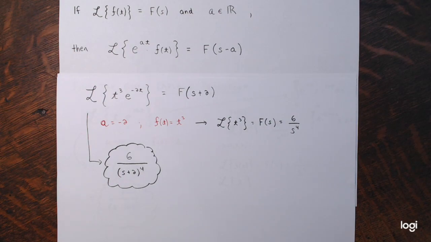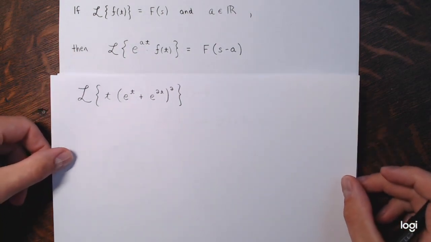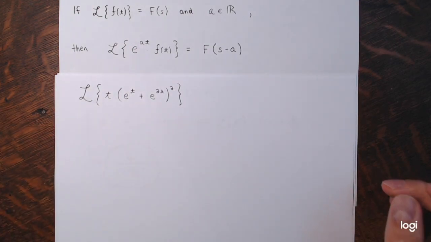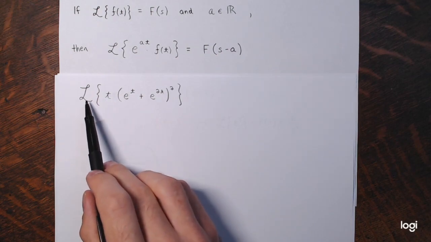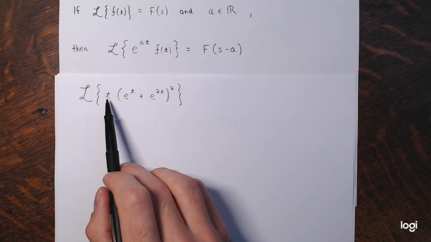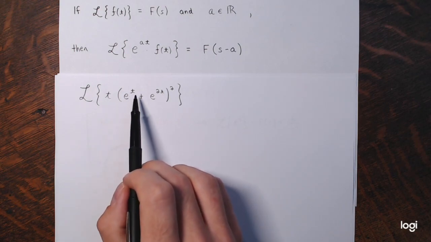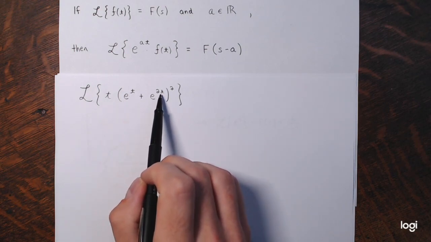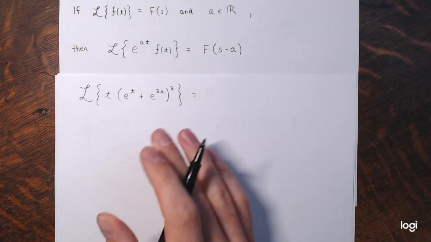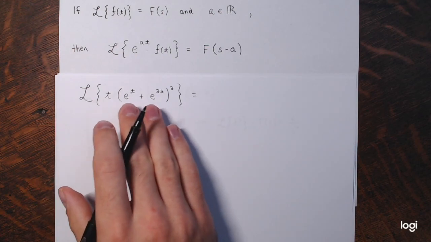Alright, here's another one. Again, a little trickier, because we've got to use the linearity property of Laplace transform for this one. Here I'm asked to find the Laplace transform of t times the quantity e to the t plus e to the 2t, squared. Well, like I said a second ago, you can't do that.